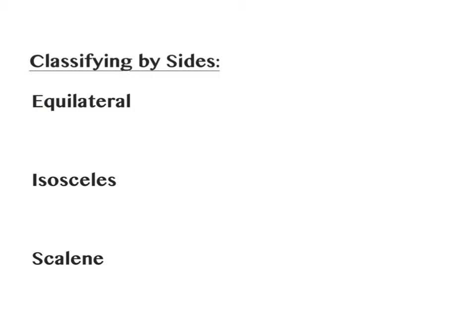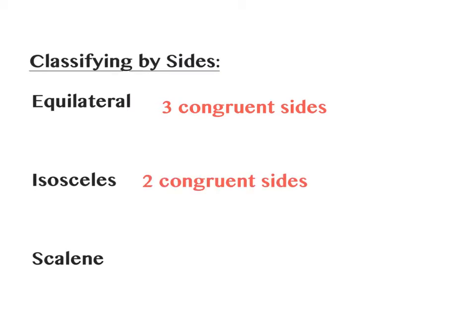So now let's classify by sides. An equilateral triangle is a triangle with 3 congruent sides. An isosceles triangle is a triangle with 2 congruent sides. And last, a scalene is a triangle with no congruent sides.